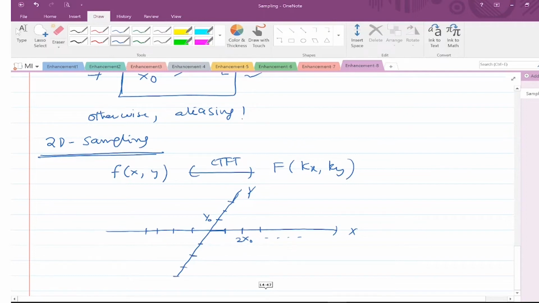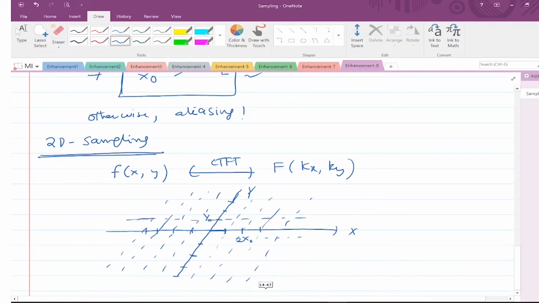So how should my impulse function be now? This is how I could say it: at all the grid points, which are spaced at a distance of x naught along the x-axis and y naught along the y-axis.